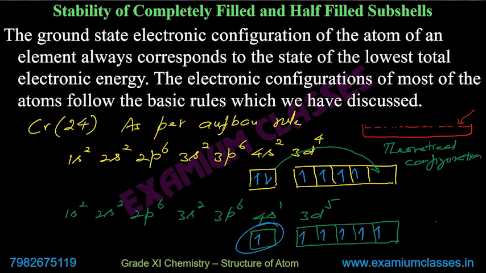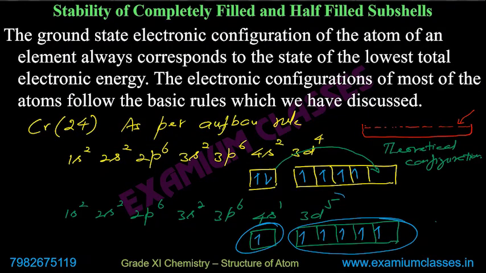This is also half filled, so it has not lost the stability, because half filled and fully filled subshells are more stable. So S in any case, whether it has one electron or two electrons, is stable. Because if it has one electron, it is half filled. If it has two electrons, it is fully filled. But this one has now attained stability because this subshell is half filled now.